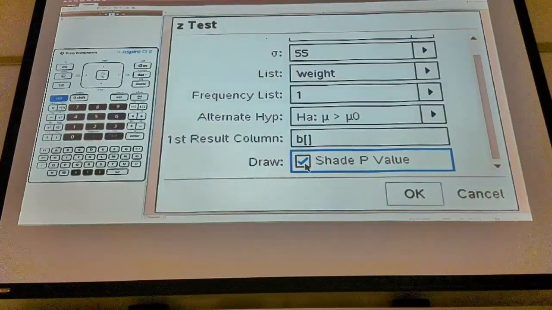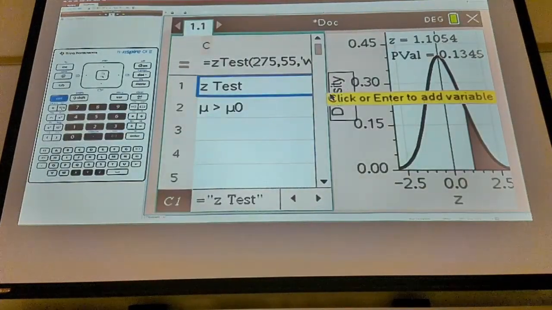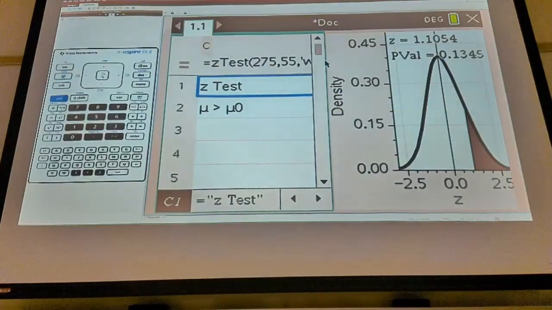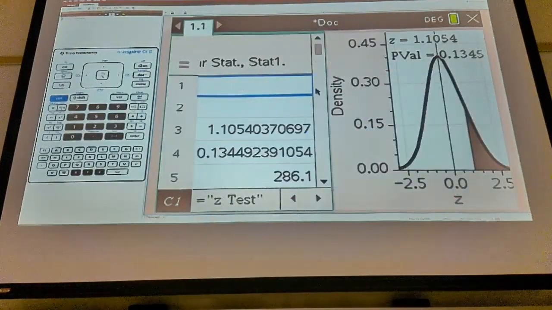I really don't know. I've never done this. When I did hypothesis tests, we didn't have these fancy calculators. Cool, it gives me the graph! Oh, that's so cool. We're going to have this in the project too, the graph.